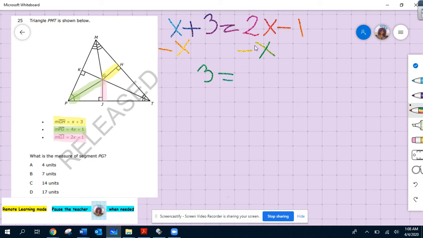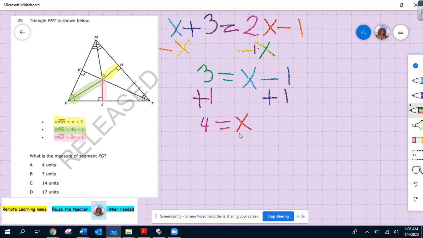You consider 1x every time you don't see the coefficient of x, which means that this coefficient is 1. So 2 minus 1 is 1, so 1x remains. 1x is like x, as we said before, and then minus 1. And finally, add 1 on both sides, so you get 4 equals x.